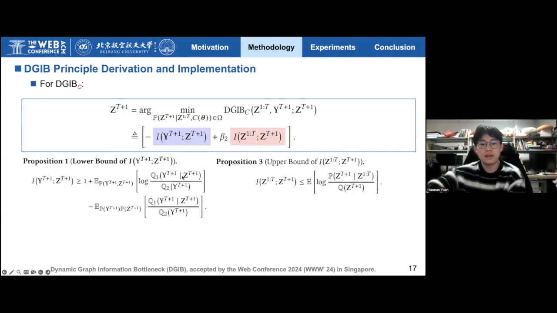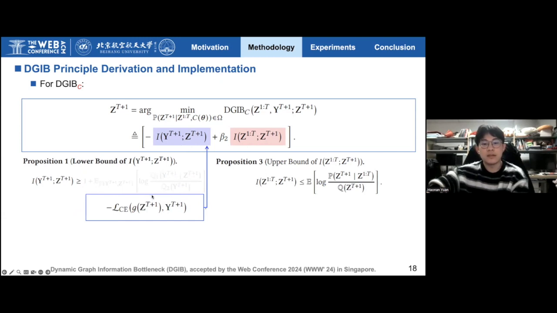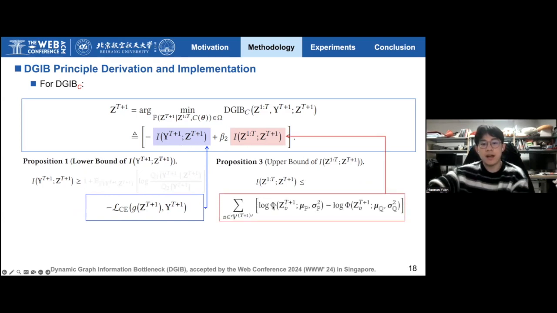We also propose lower and upper bounds for the optimization objectives of the two mutual information items. Similarly, the first half of the lower bound converges to a constant in training and can be ignored, and the rest converges to the cross entropy. And the upper bound of this mutual information can be obtained by a prior approximation to the multivariate Gaussian distribution.